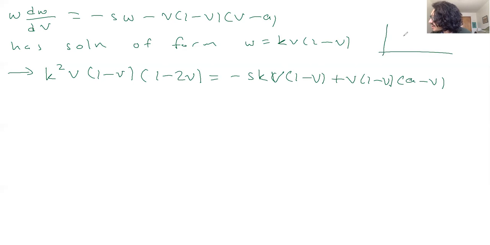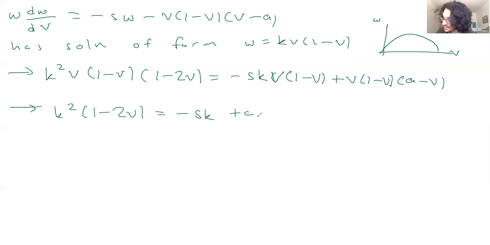So just for reference, this solution w(v) is going to look something like this, so it's going to have the shape that we want in this case. It's going to look like the sort of shooting solution that we were figuring out before, okay? Now you can simplify this equation here, okay? First of all, by dividing by v(1 minus v), we get k squared (1 minus 2v) is equal to minus sk plus a minus v, okay?